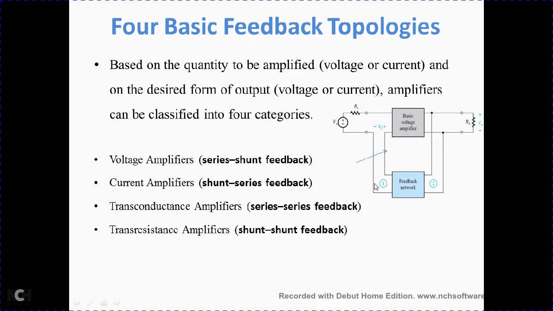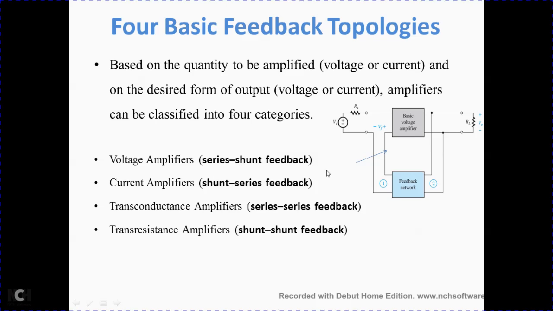You can see it is in series, so that is why it is series. And shunt, because the first term refers to the input and the second term always refers to the output. For the second term, shunt, we are sampling the signal in parallel with the output, so that is why it is called series shunt feedback.